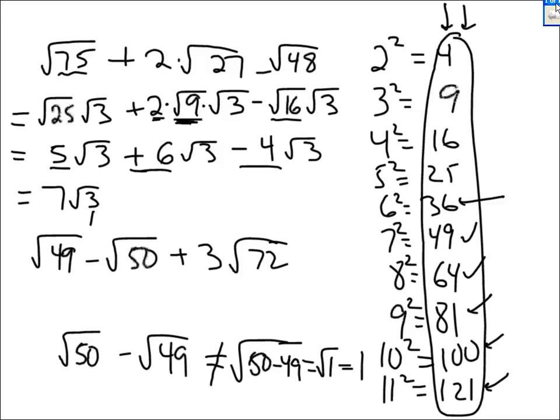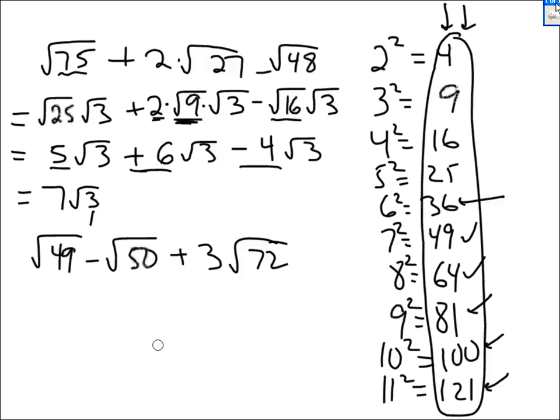It doesn't work. For example, the square root of 9 minus the square root of 4. You need a little bit more space to do that. It doesn't work with subtraction or addition. The square root of 9 minus the square root of 4.